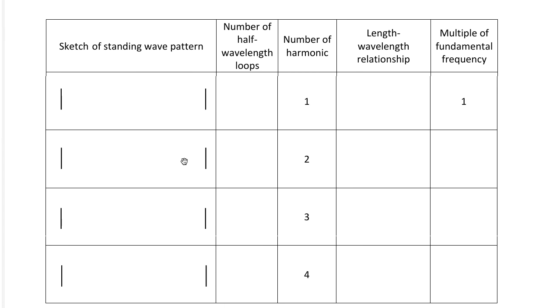So I've got fixed ends here for each of the strings that I'm going to draw, and the first standing wave pattern that we can form that has the smallest number of loops, or the longest wavelength, is something that looks like that, just like a long skipping rope being held by two people. And I'll draw for each of these a dotted line to show the other extreme. So this is half a wavelength. It is a 1/2 wavelength loop, and we call this the first harmonic.